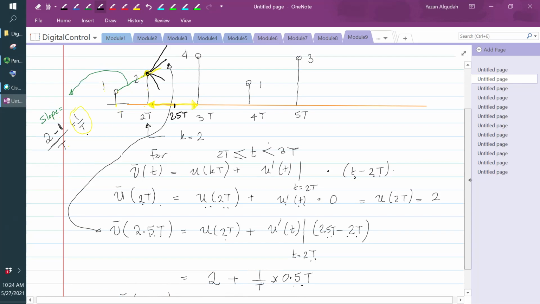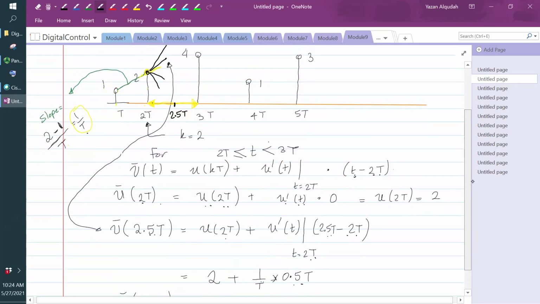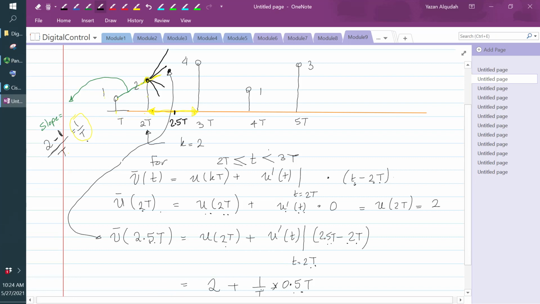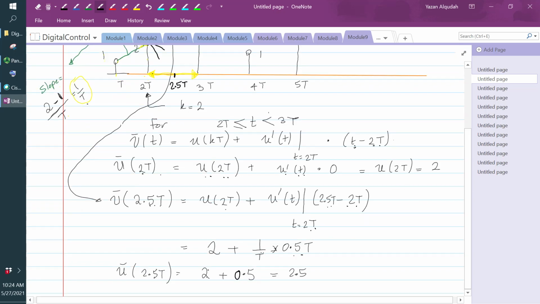So at t equal to 2.5T, I'm going to generate a signal that is equal to 2.5 in value. Of course, it's a coincidence that I'm calculating at 2.5 and it turned out to be equal to 2.5. There is no relationship between this time and the value. Is this clear?